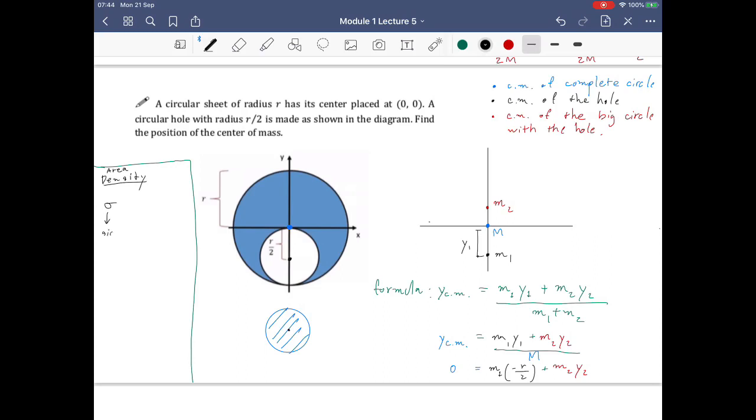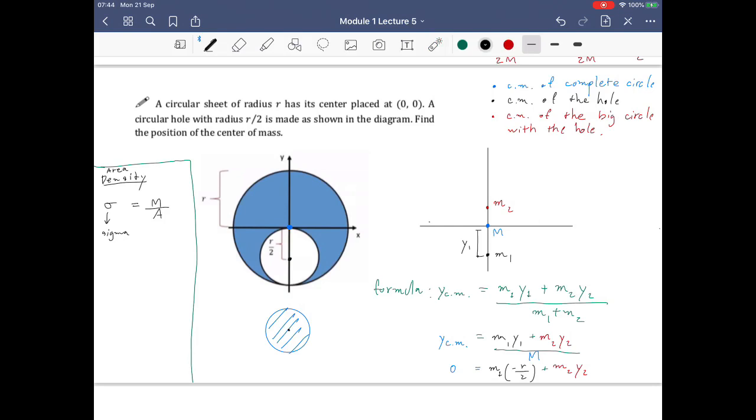We call this sigma, or area density, and we define it as the total mass divided by the total area. Now we are ready to find what m1 and m2 are.